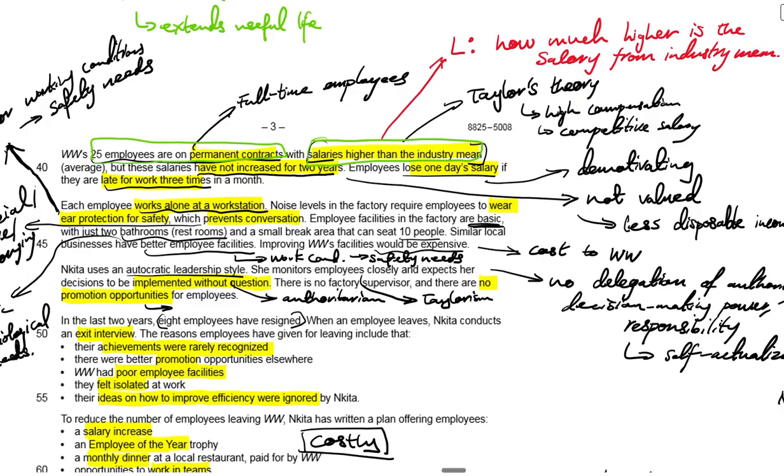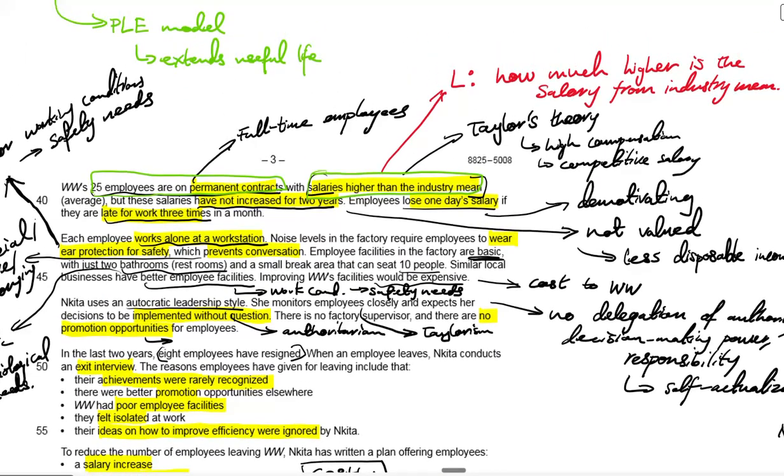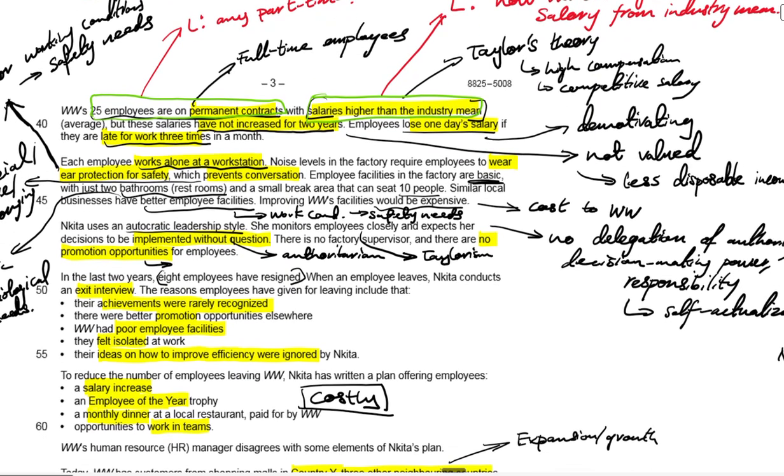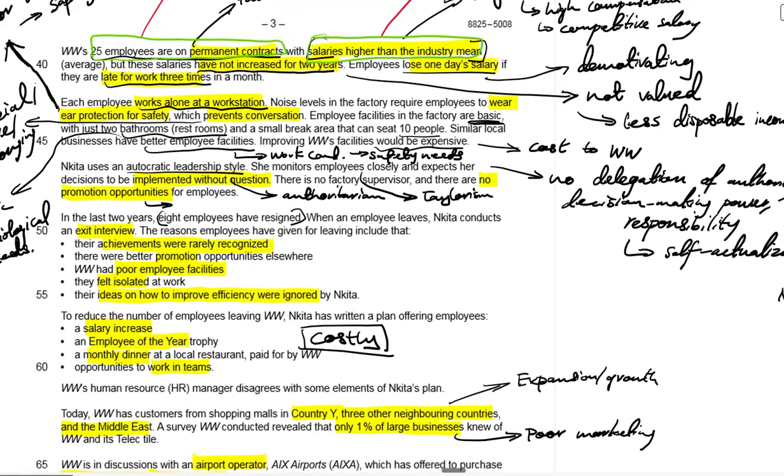Then we have 25 employees on permanent contract. Do we know if any of these or if we have any on part-time contracts? Any part-time that might be relevant, have not increased for 2 years.